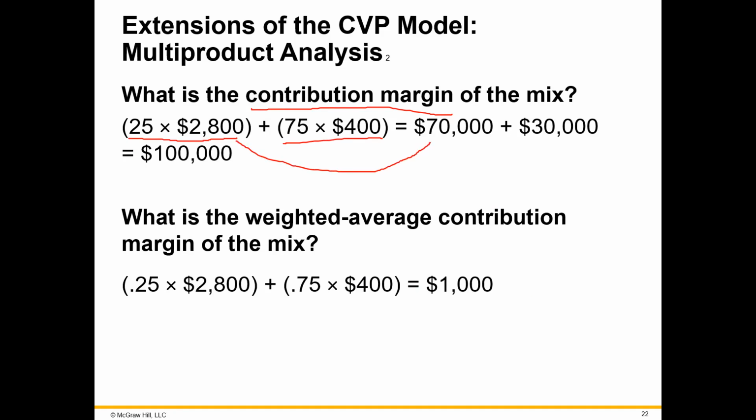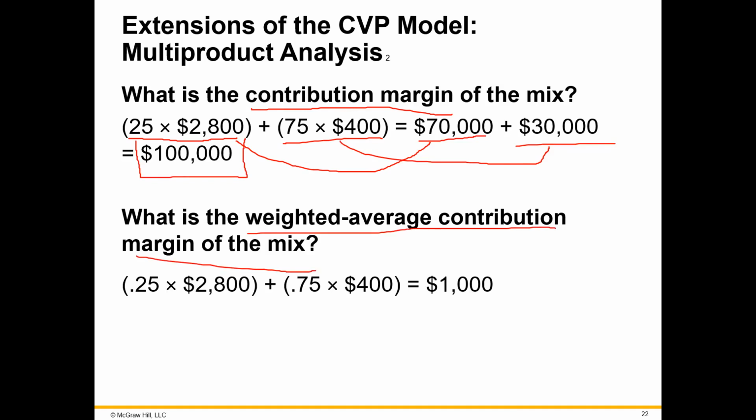And what is the weighted average contribution margin of the mix? So 25% of our trips are excursions, where we make $2,800, and 75% of our trips are going to be rafting, where we make $400. So that's going to be $700 plus $300, which gives us $1,000.